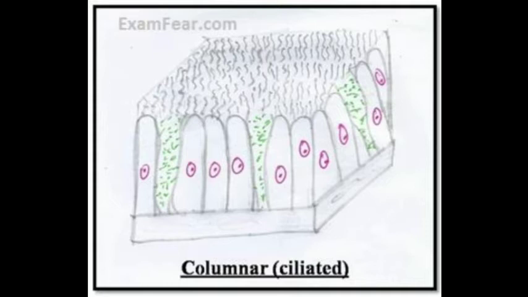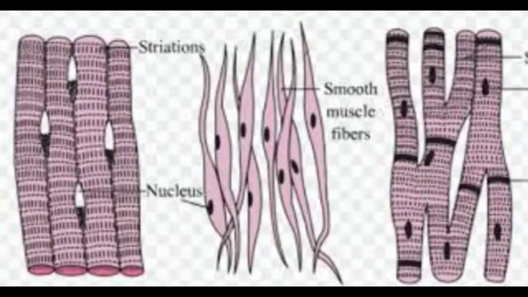And ciliated columnar tissue, see, they are columnar in shape and numerous fine cilia are present. Column means they are rectangular in shape. The structure is the same for simple columnar tissue and ciliated; the only difference is that it has cilia.